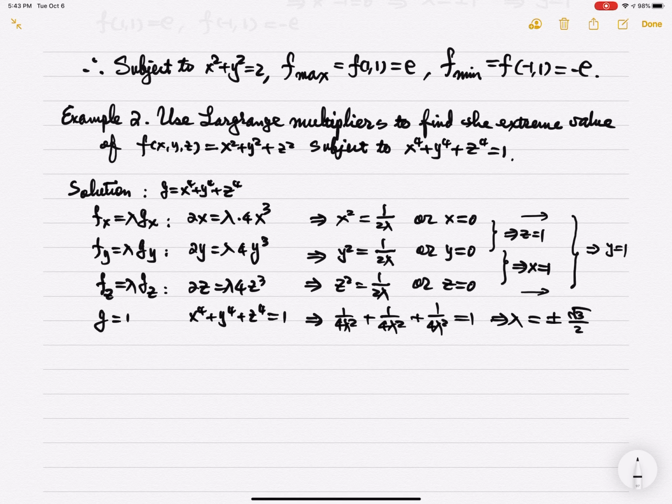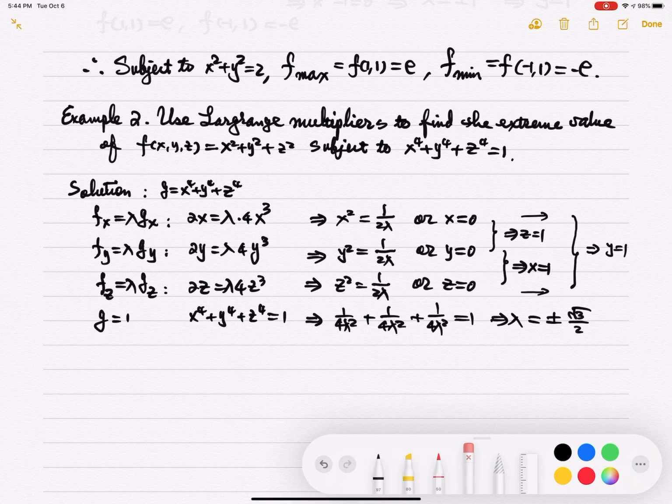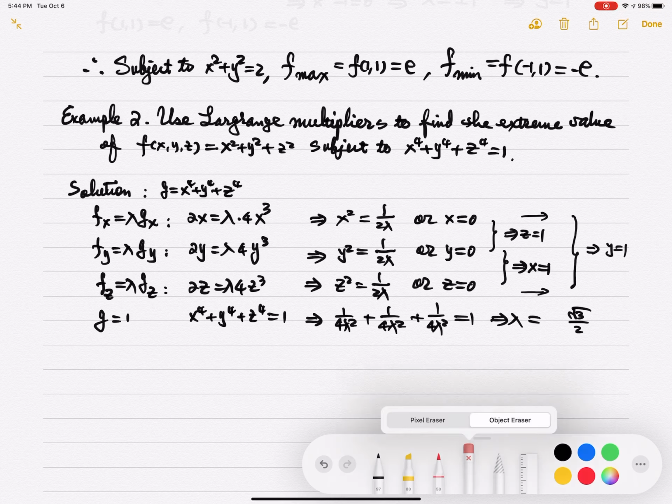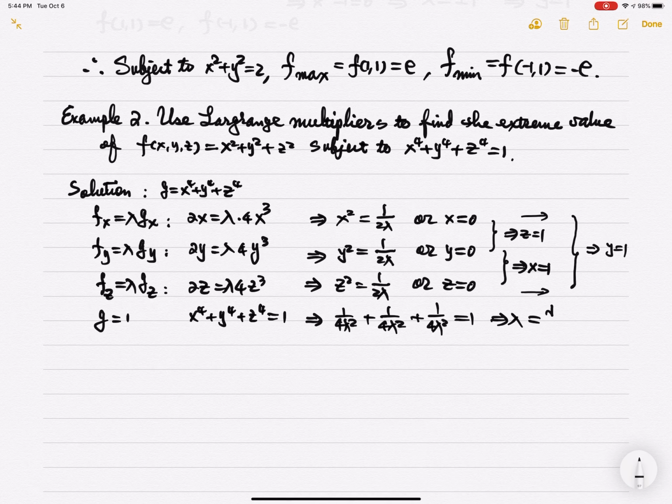I'll let you verify that. But lambda cannot be negative, because x squared equal to 1 over 2 lambda. So we just get rid of the negative sign, and write root 3 over 2.